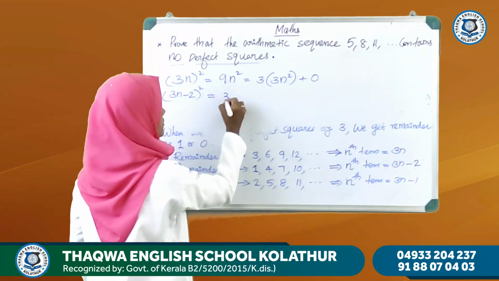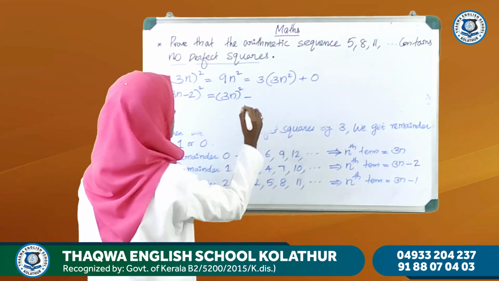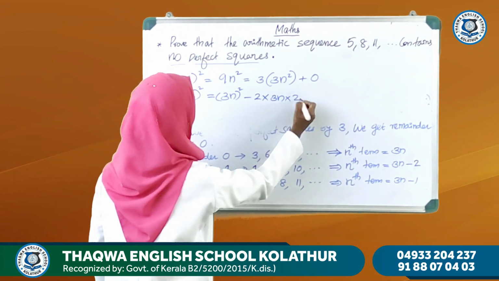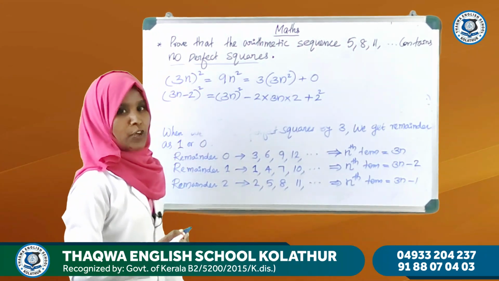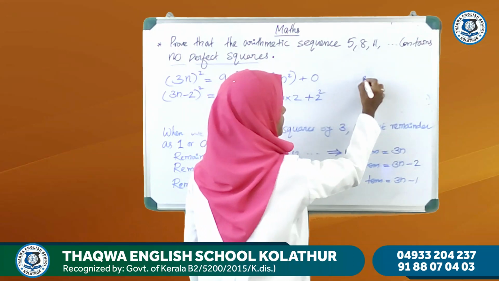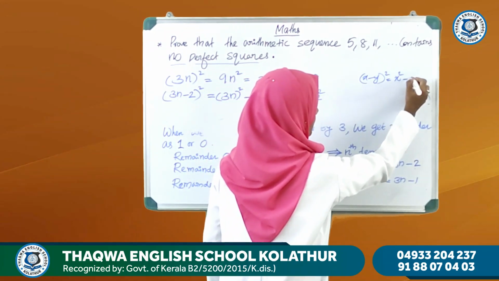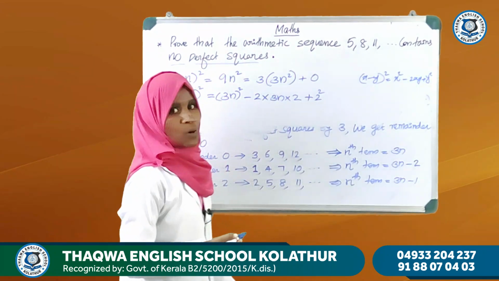Yes. 3n whole square minus 2 into 3n into 2 plus 2 square. Did you remember the identity? x minus y whole square is x square minus 2xy plus y square.